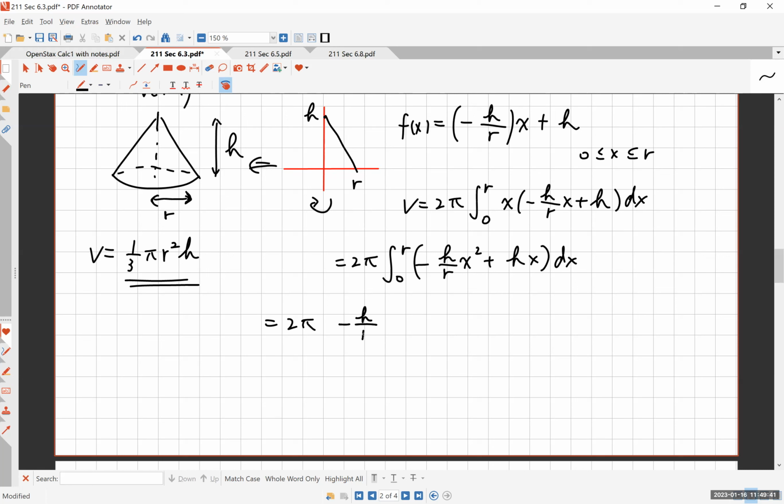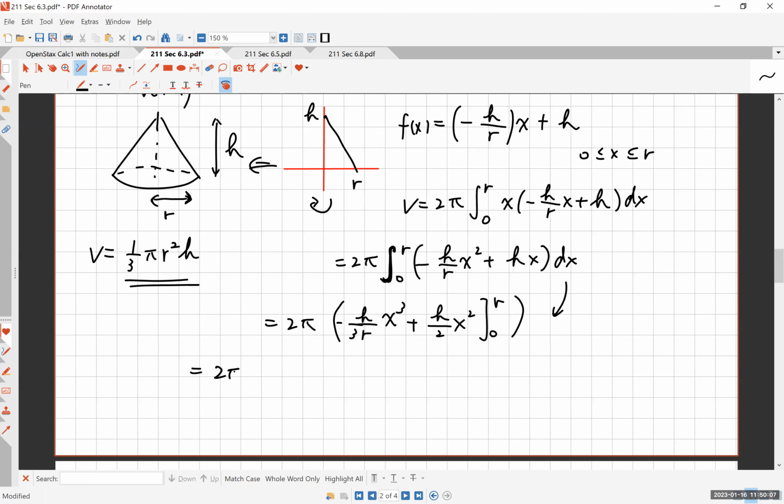Negative h over r x cubed, but now you want to put 3 in front, right? And then you have h over 2 x squared. You integrate this from 0 to r. And by the way, as soon as you integrate, make sure you remove that integration symbol. This integral symbol should not be here once you integrate it.